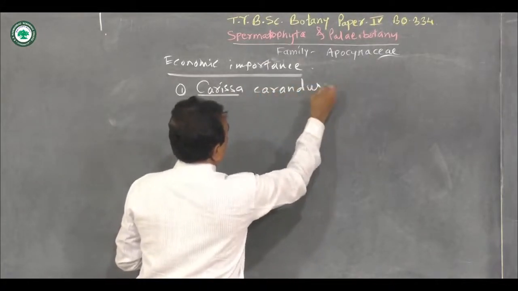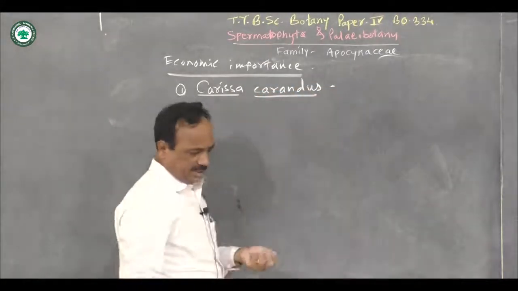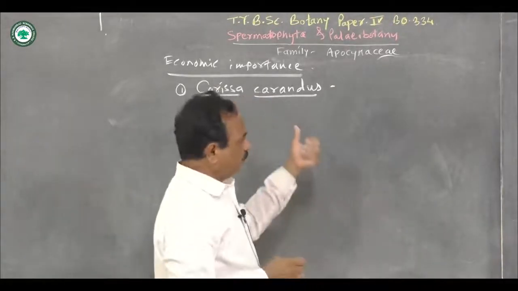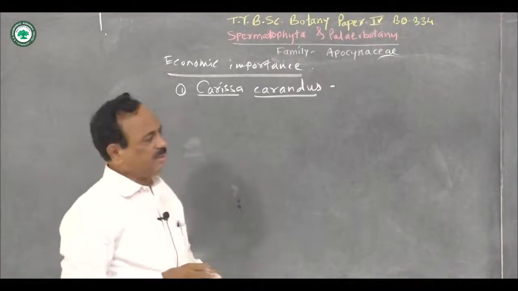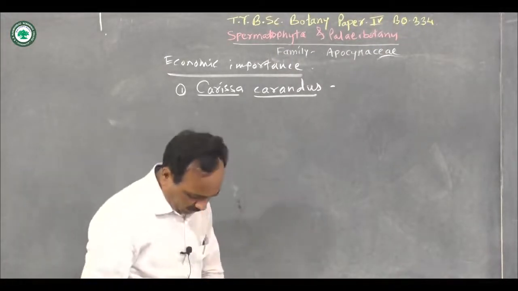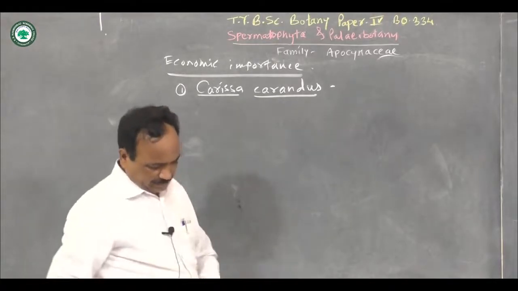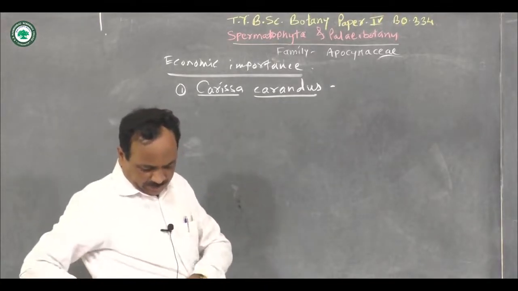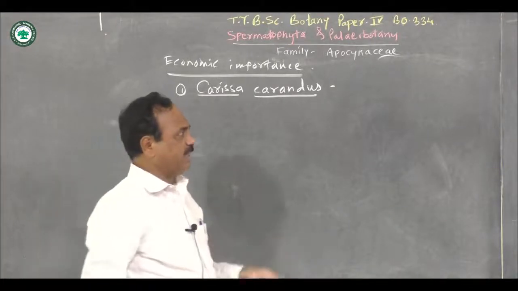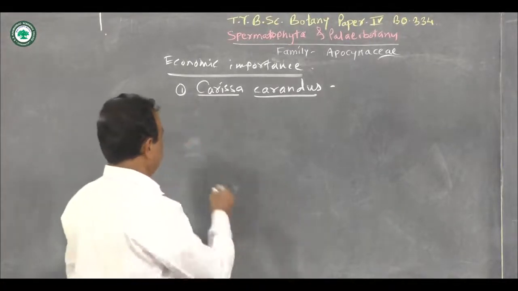So the first plant is known as Carissa carandus. The fruits of this plant are commonly used for eating purposes. So the fruits are edible. Generally this plant is a forest plant, and from the forest, the black colored fruits are collected and used for eating purposes.